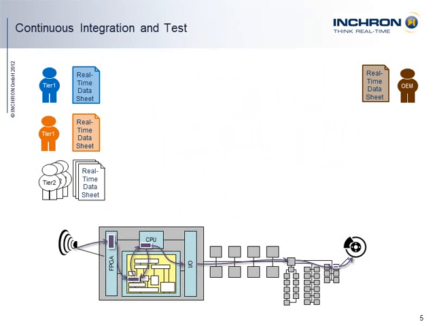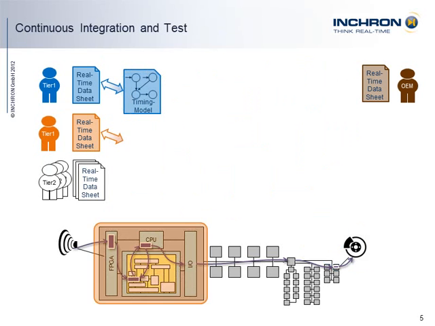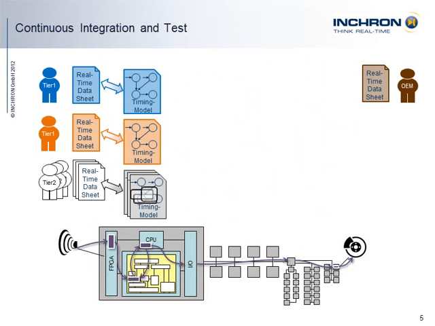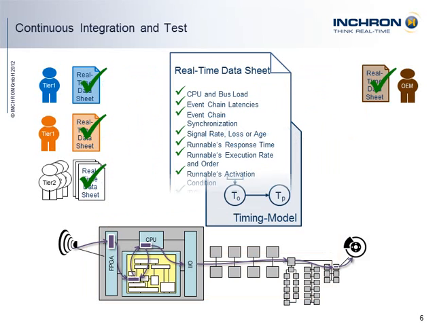Every supplier then writes his own datasheets and timing models for his subsystem and performs his own validation. They then are passed to the integrator. The integrator checks if the overall requirements are met too by performing a virtual integration of the subsystems.